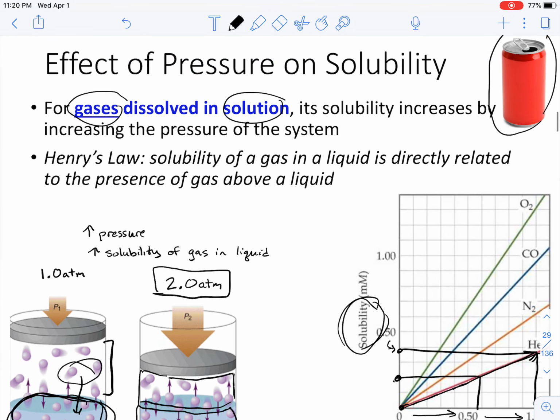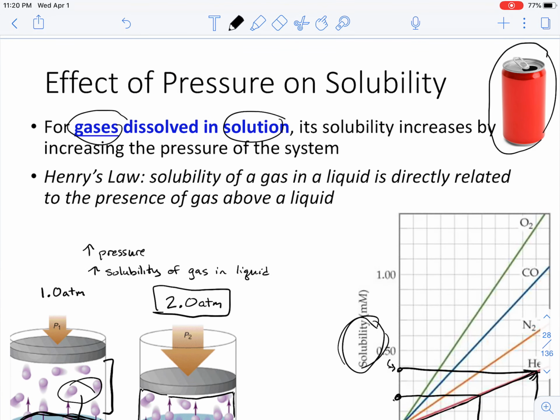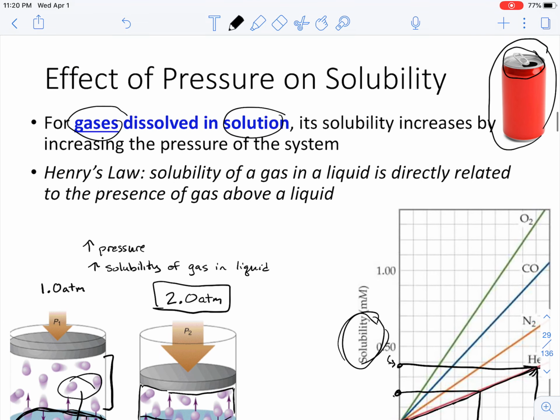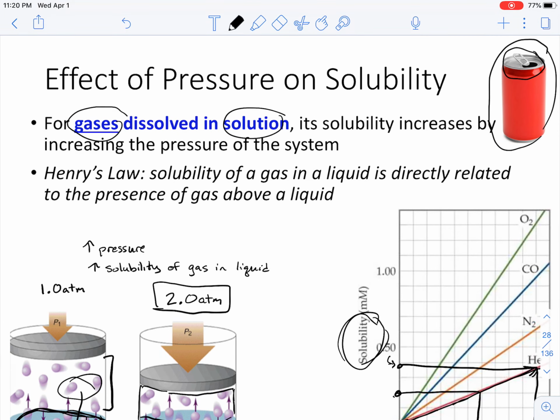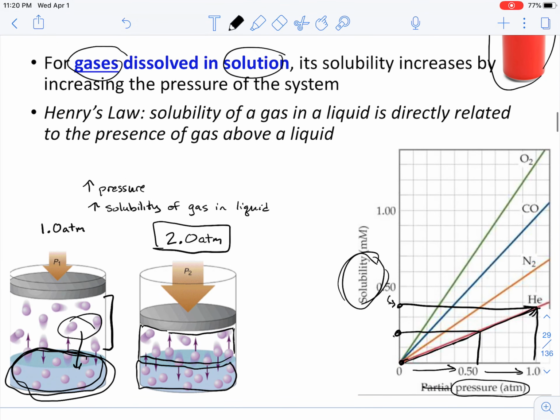And so when you pop open the can, so when you open your drink, you hear that fizzy sound. And that fizzy sound basically is a release of pressure. And releasing that pressure allows the excess CO2 molecules that have been forced to dissolve in the solution to now enter the gas phase, allowing them to escape.